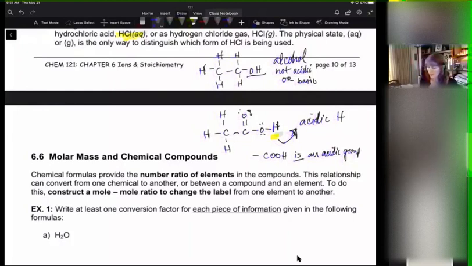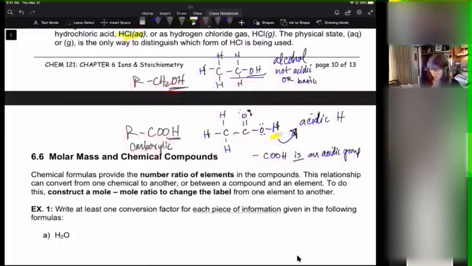And that's different from an alcohol. That's just a RCH2OH. That's our alcohol group versus our COOH. This is a carboxylic acid.